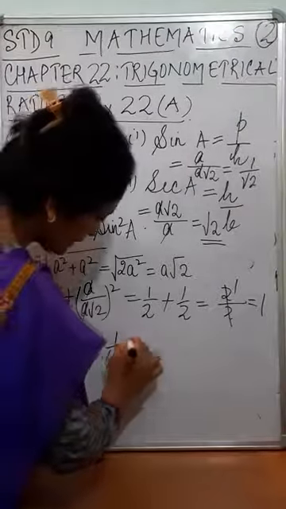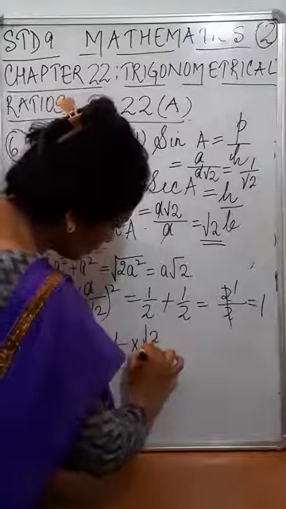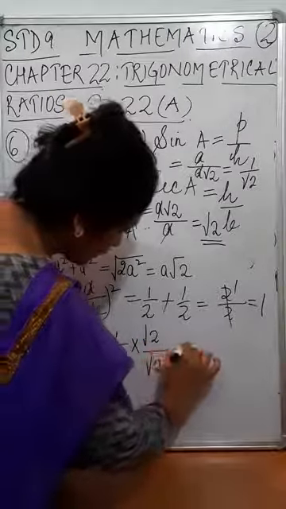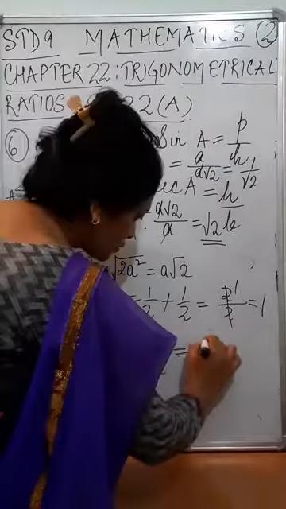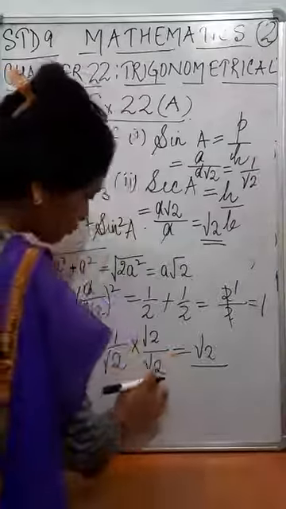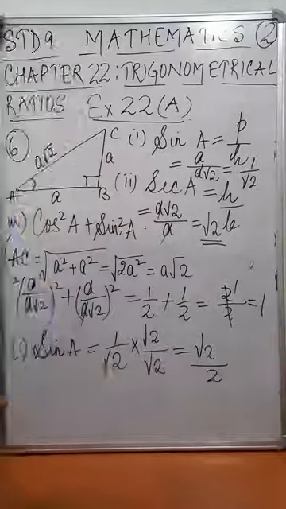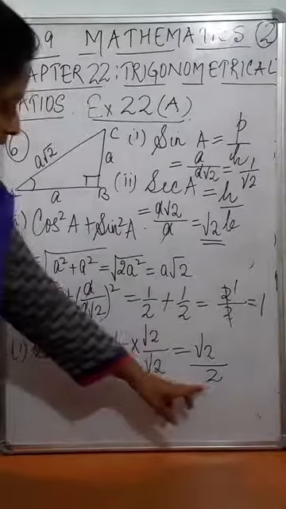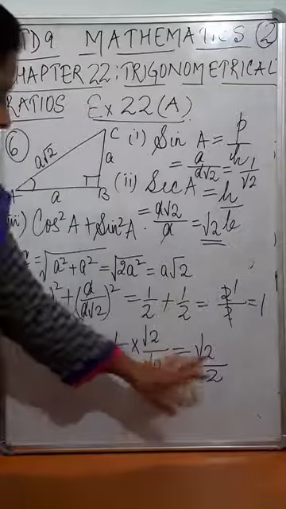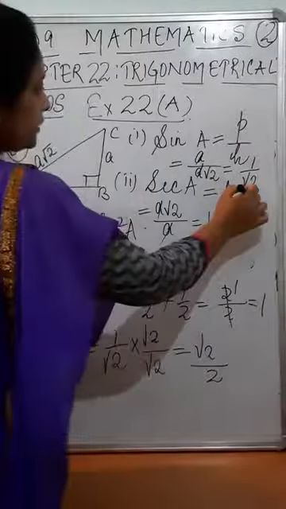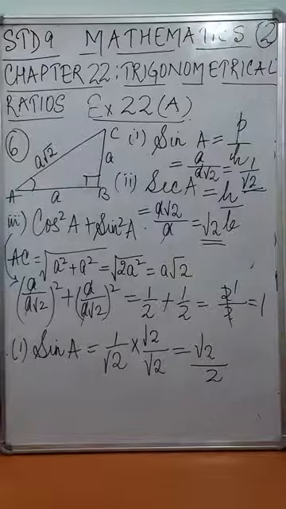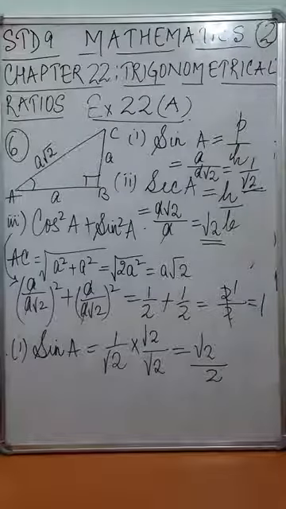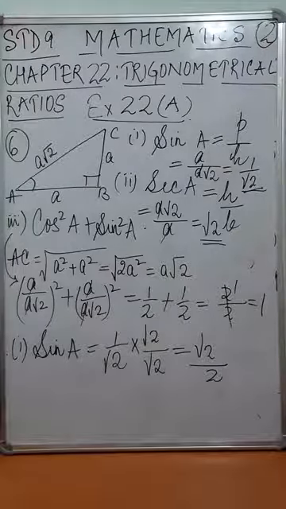So multiply this by root 2 in the numerator and root 2 in the denominator. 1 into root 2 is root 2 and root 2 into root 2 is 2. So the denominator is free from irrational number. You can leave the answer here also. That is also correct. No harm here.